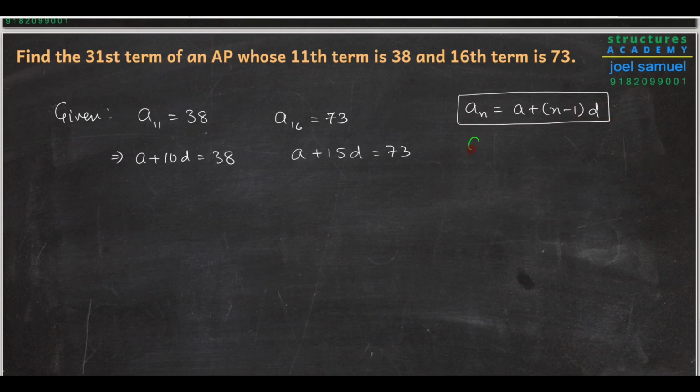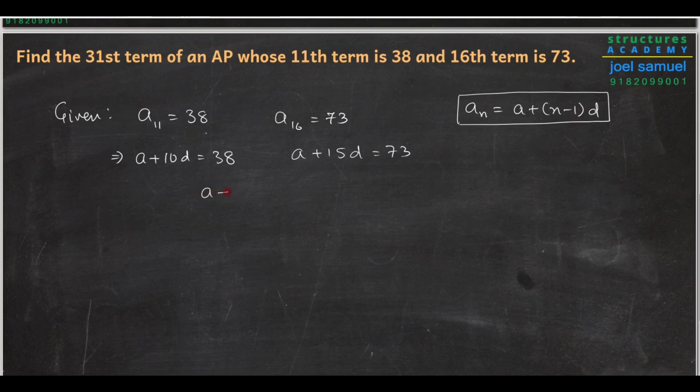So if I am calculating the 11th term, this becomes A plus 11 minus 1 times D. Basically this is A plus 10D. That is how I've written A11 as A plus 10D, and similarly A16 as A plus 15D. Now we have two equations and two unknowns. We can solve them simultaneously.